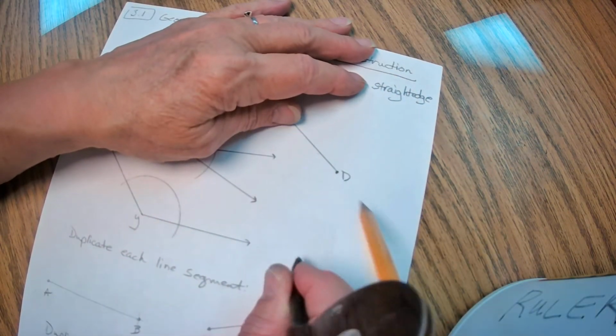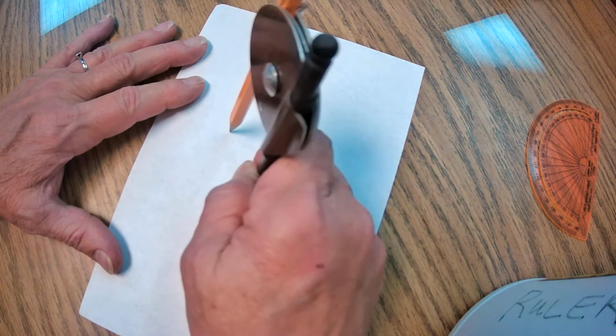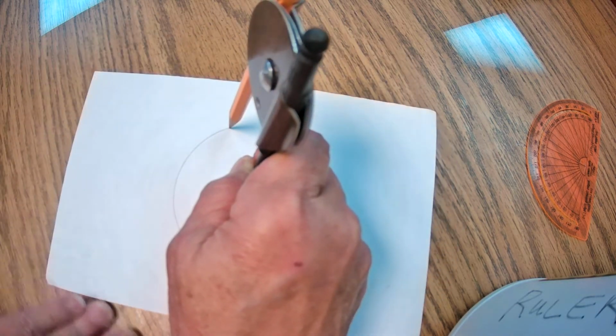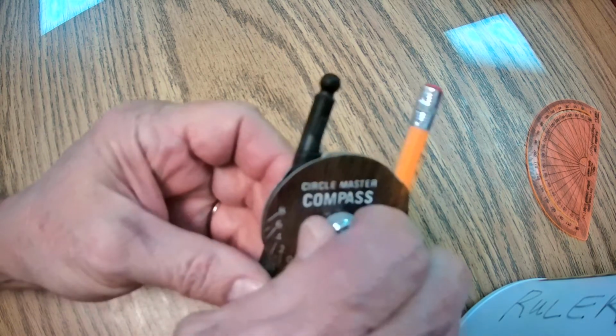Don't grab it at the top. Do everything like this. Also, I don't know if you know this already, if you're making a circle with a compass, it's easier if you move the paper. And then you can make really good, easy circles. Make sure your compass is tightened by this thing so it doesn't move around.